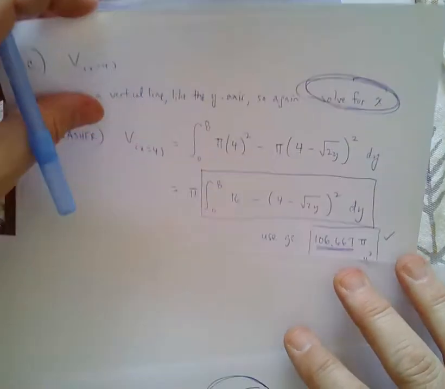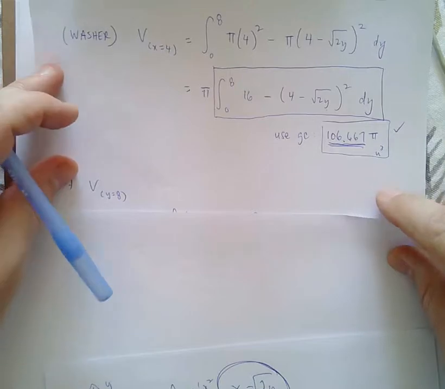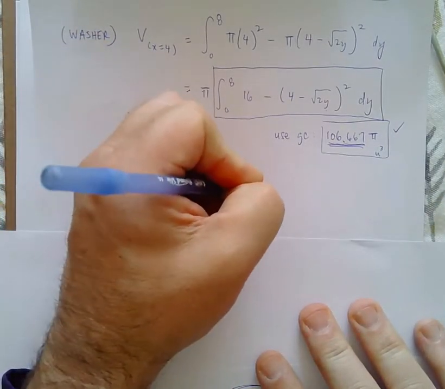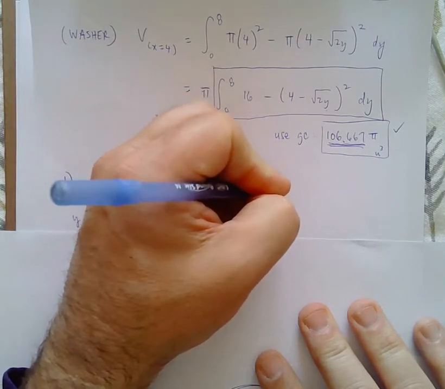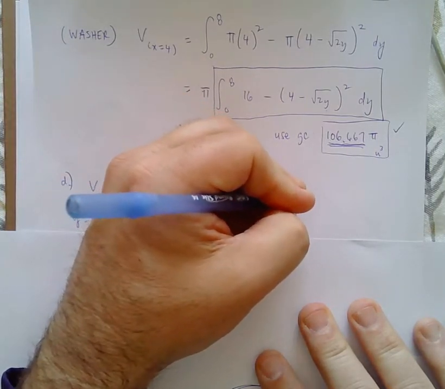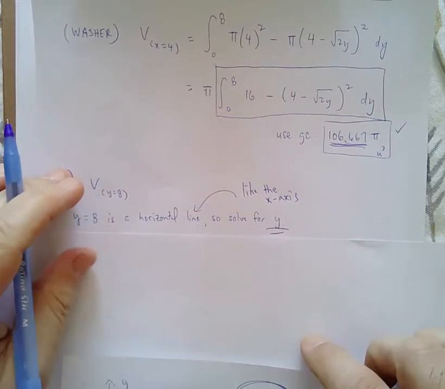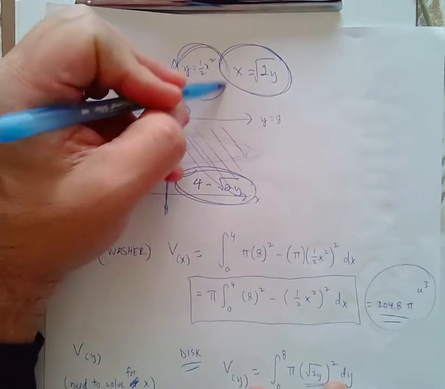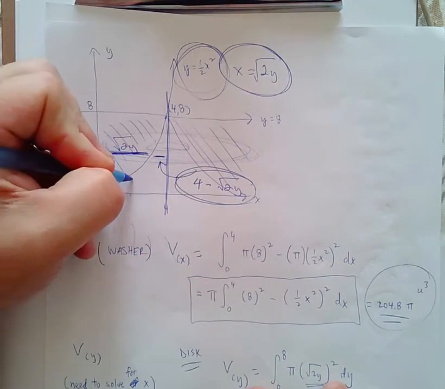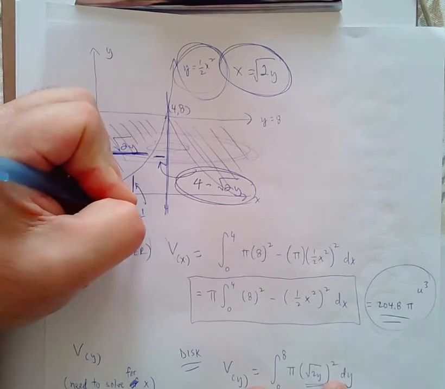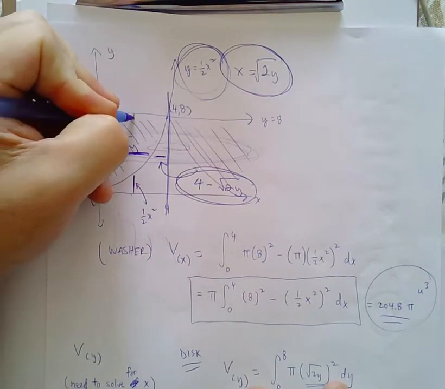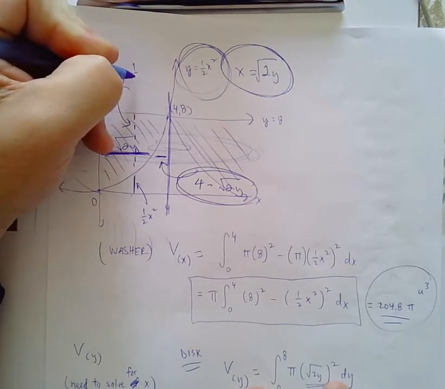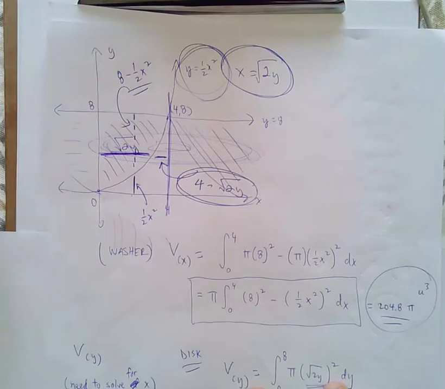And the last question is the volume around y equals 8. Now, y equals 8 is a horizontal line like the x-axis, so you can solve for y. In other words, I go back to the picture here, and I can use y equals 1/2 x squared. Now, this distance is 1/2 x squared, so the distance to y equals 8 is 8 minus 1/2 x squared.